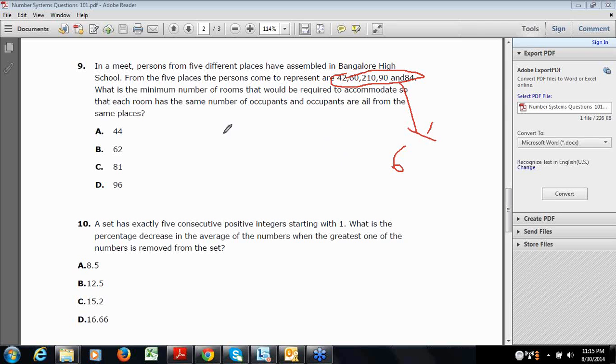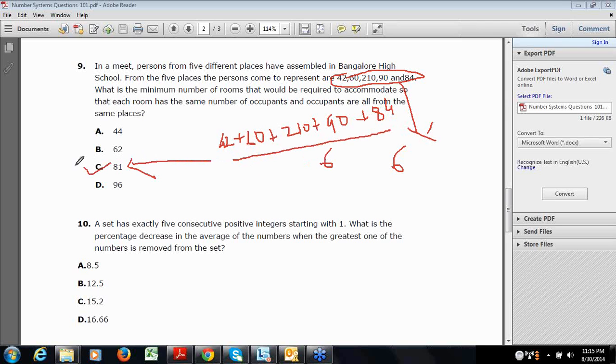Minimum number will be 42 plus 60 plus 210 plus 90 plus 84, whole divided by 6. What it comes out to be is 81. We can go ahead and mark option number C, 81.